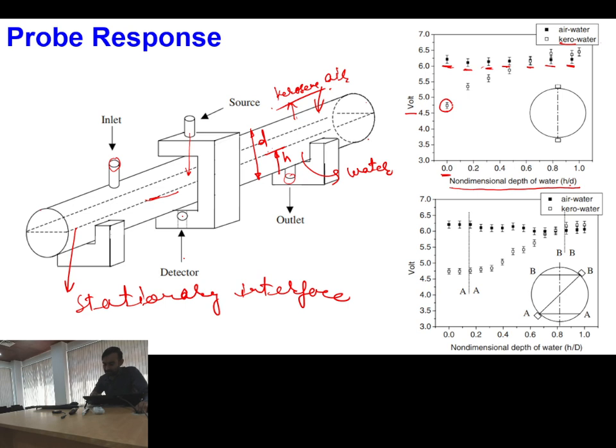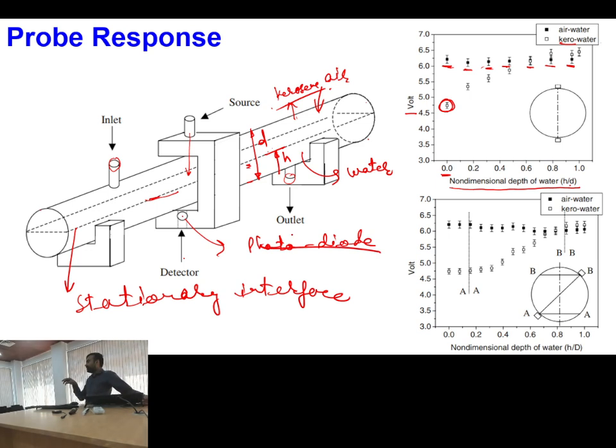When you increase the thickness of water, you are allowing more of a transparent portion for the light to pass. Because kerosene has more absorption of the light, you get less signal. If your sensor is a photodiode, what is the meaning of photodiode?